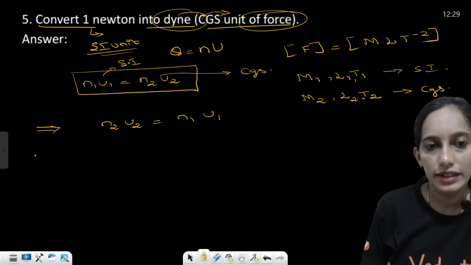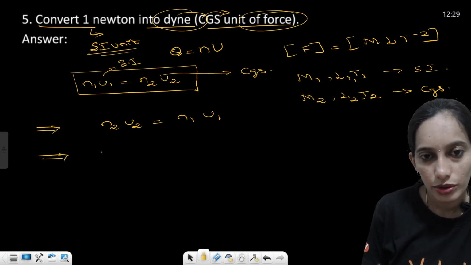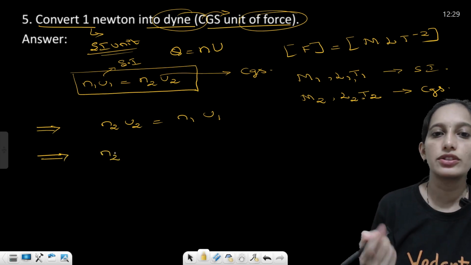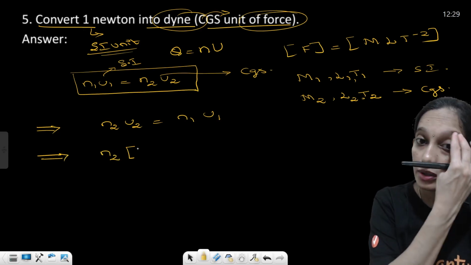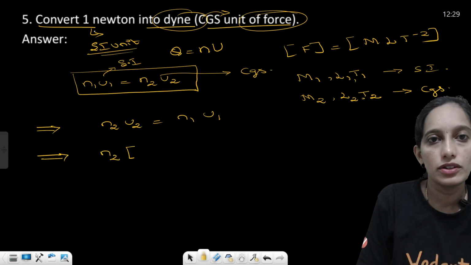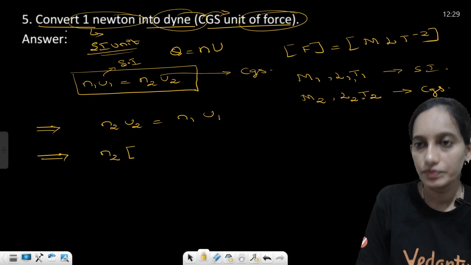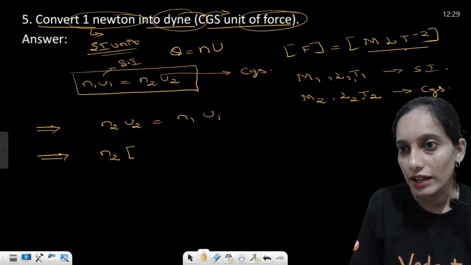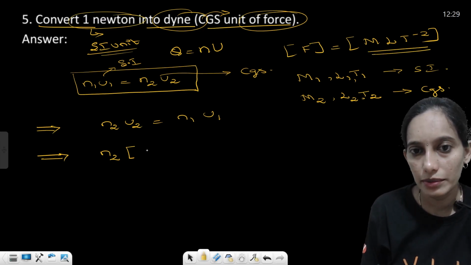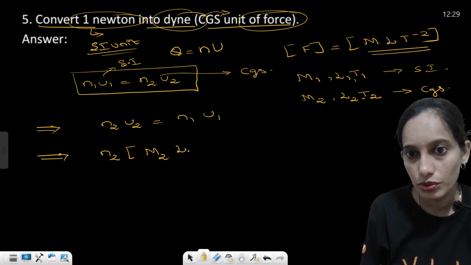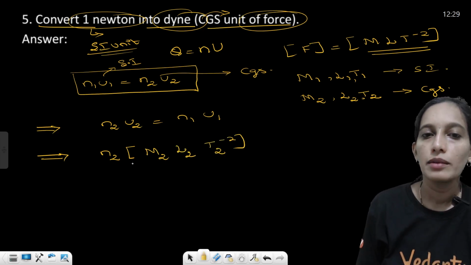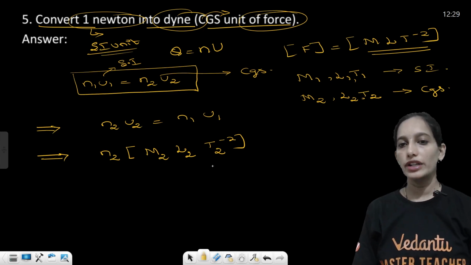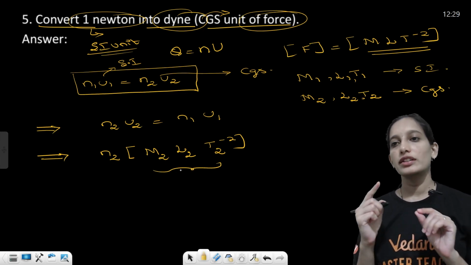So now I will rewrite. Okay, so I don't know the value of n2 which I am interested to find out. So I write n2, and u2 I can write now, because here I am talking about the unit Newton which is the unit of force. So I write it in dimension notation. So it becomes M2 L2 T2 raised to minus 2, because here mass, length, time we have taken as M2 L2 T2 in the second system or CGS, and the dimension of force is m l t minus 2.